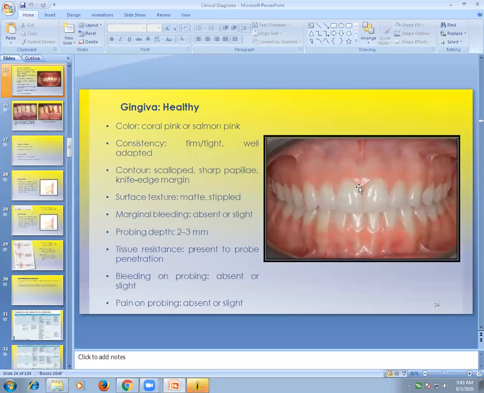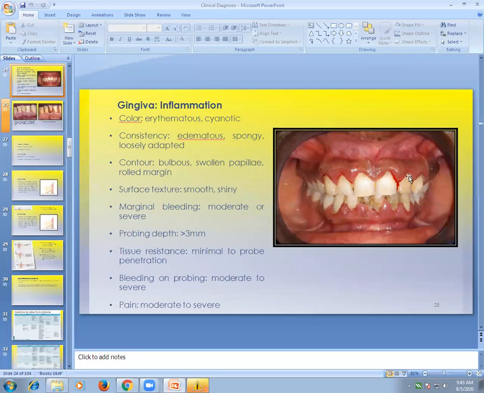Here in this condition you can see a soft and edematous condition. This is a typical picture of edematous consistency. Sometimes fluid is not the cause of that edema or enlargement. Sometimes fibrotic enlargement can also be seen, and then consistency is not edematous. It is a slightly fibrotic type of consistency.